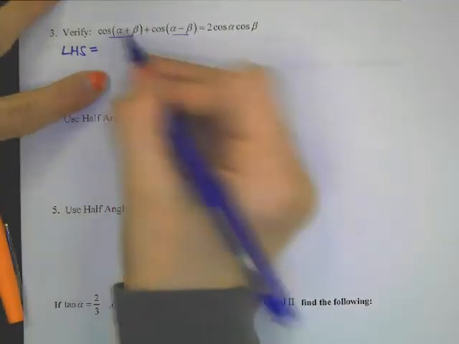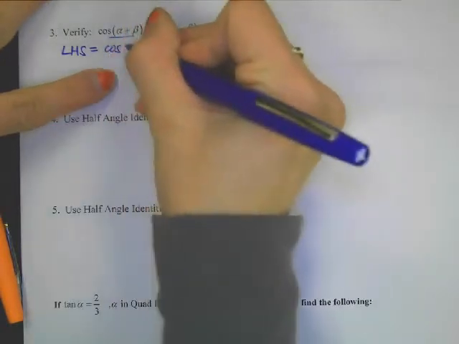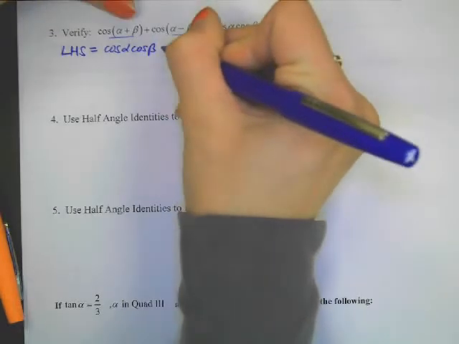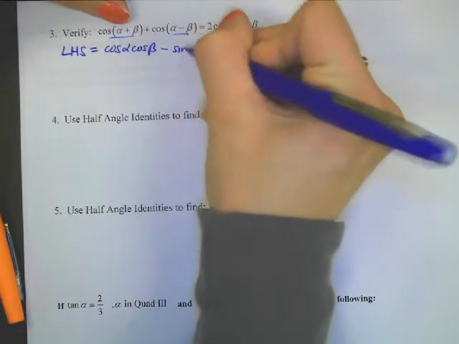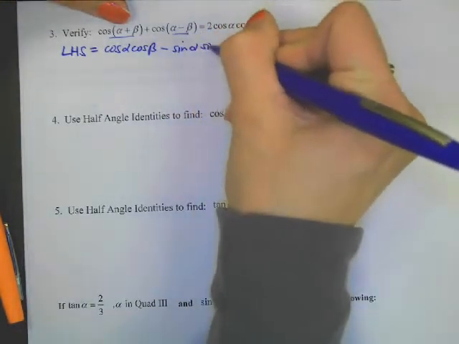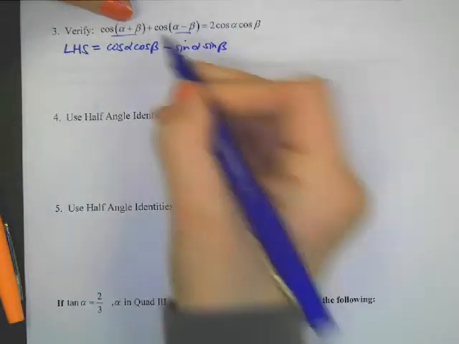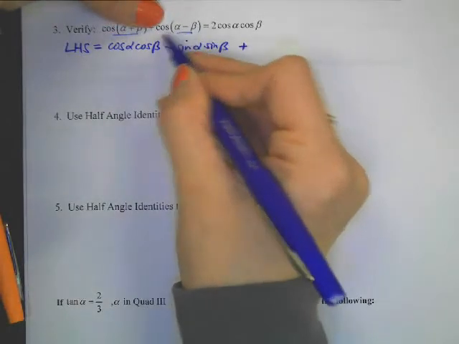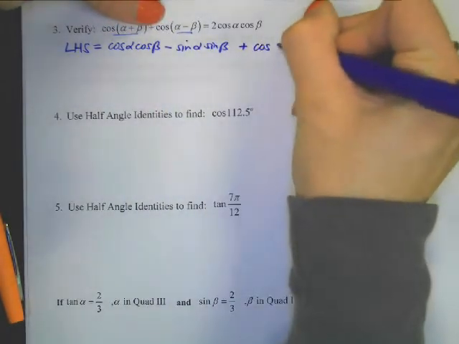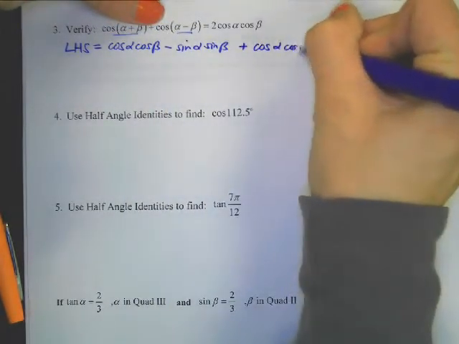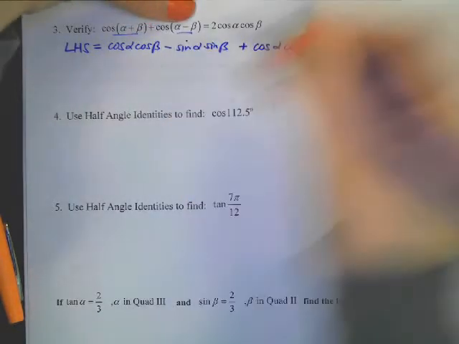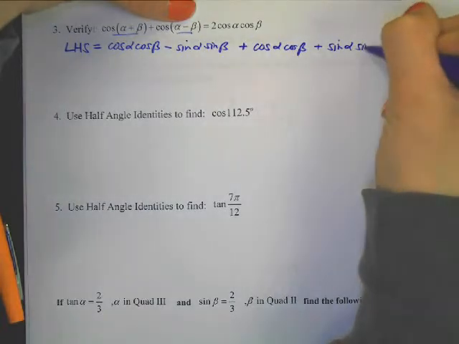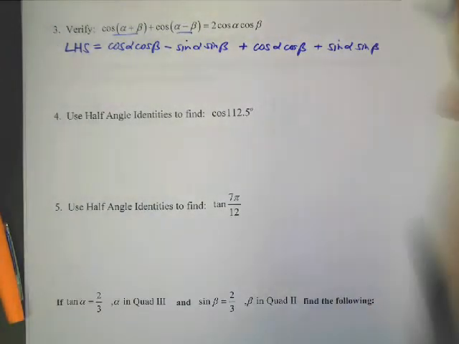Okay, so cosine of alpha plus beta is cosine cosine switcheroo, minus sine alpha sine beta. Okay, plus, let's do some more. Now I got to do a difference. Cosine, cosine, switcheroo, plus sine alpha, sine beta.